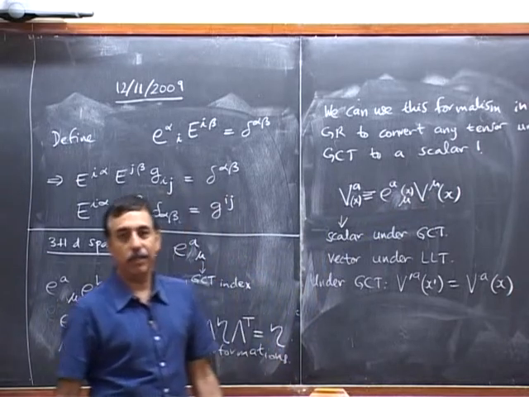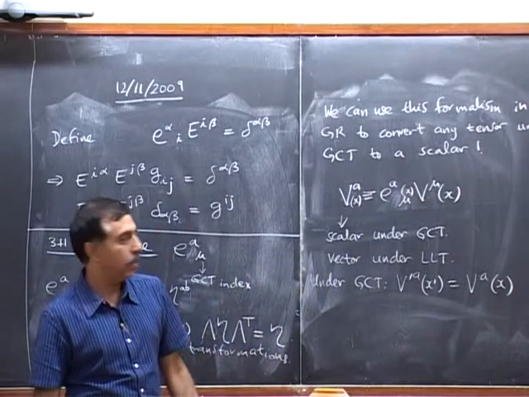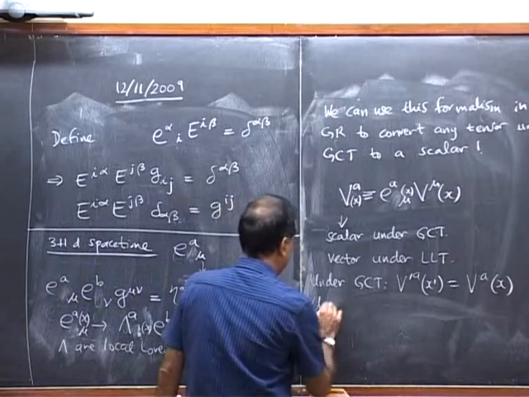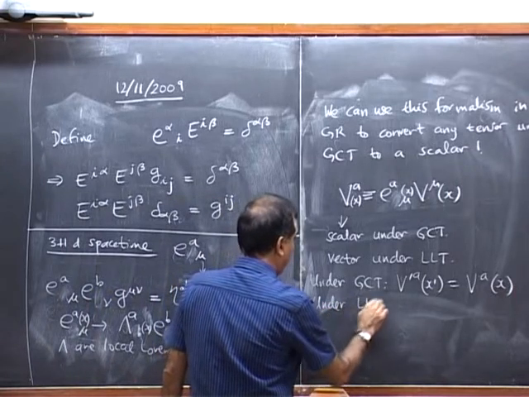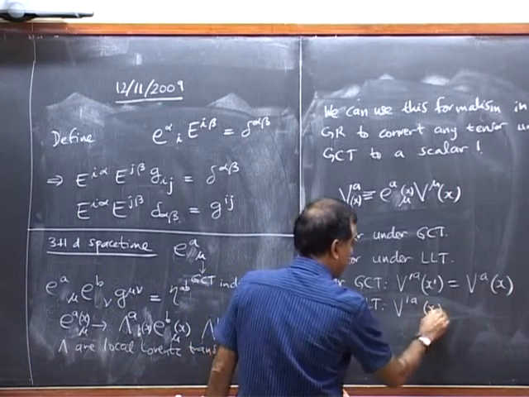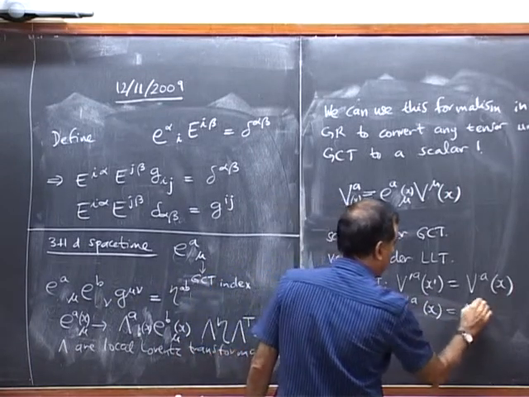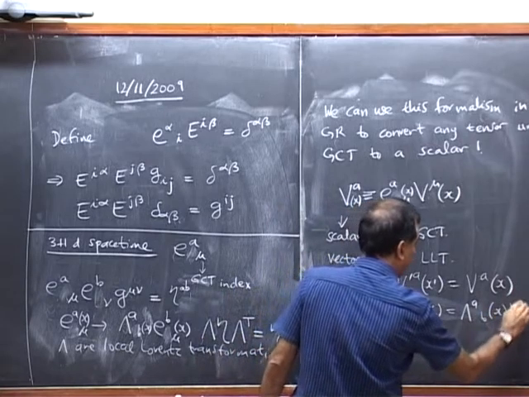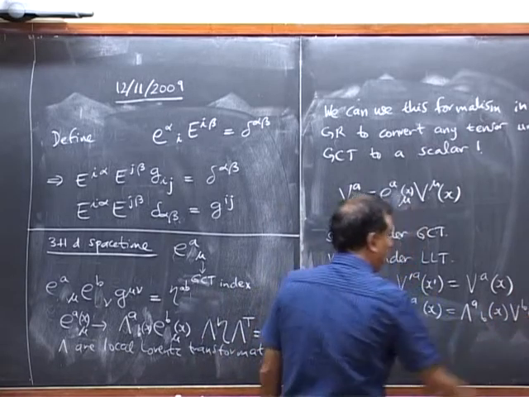If I dot a vector with a vector, then I produce a scalar. On the other hand, under LLT, V'^A of x, not of x', is Lambda^A_B of x, V^B of x.